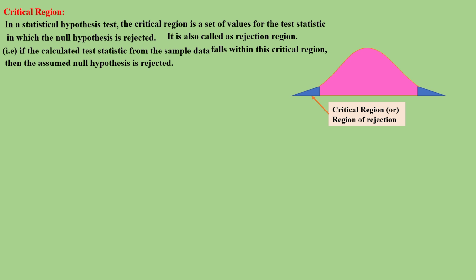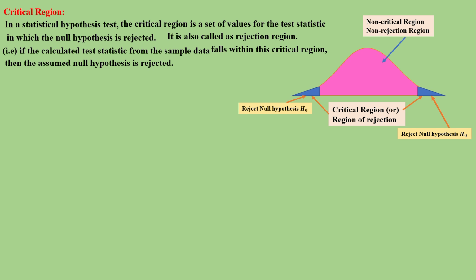So we'll see the critical region or region of rejection. These two, on both sides in blue color. The non-critical region, the non-rejection region, is in the center, in pink color. So reject the null hypothesis H0 in that particular region. If the value of the test statistic is within this region, then you have to reject the null hypothesis.